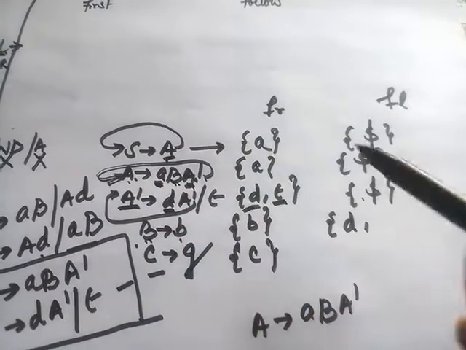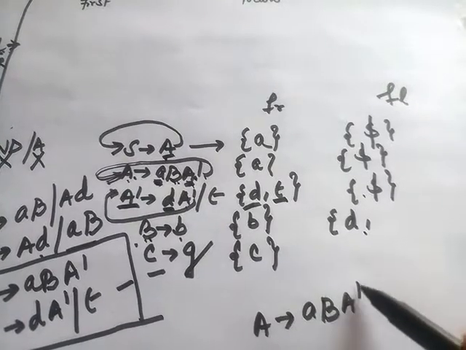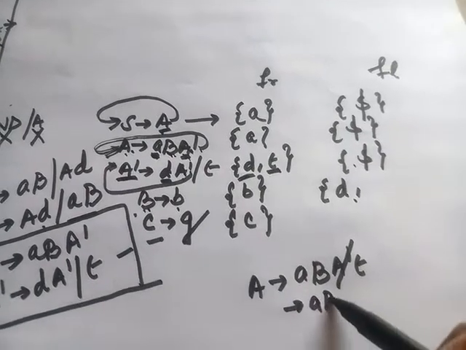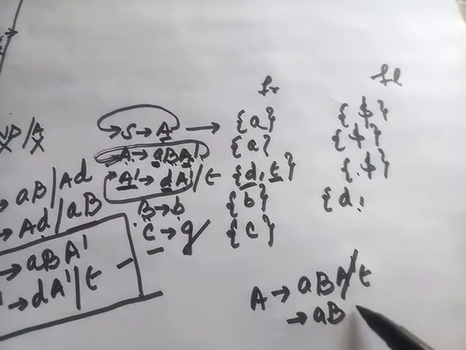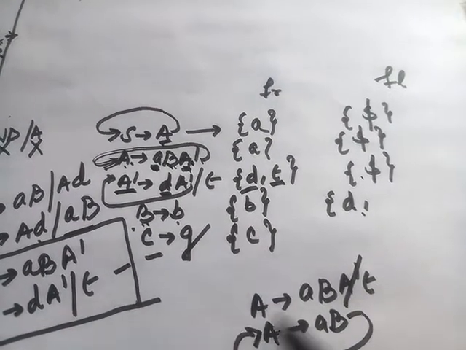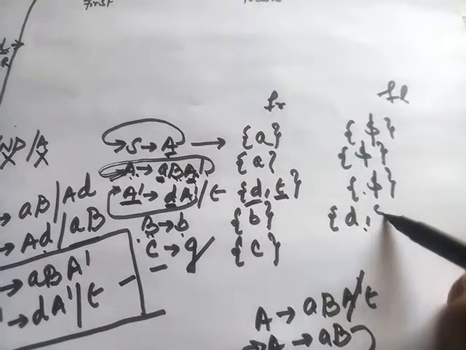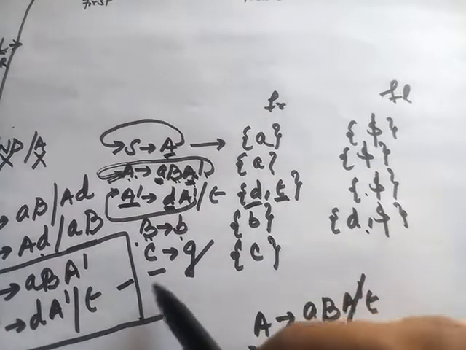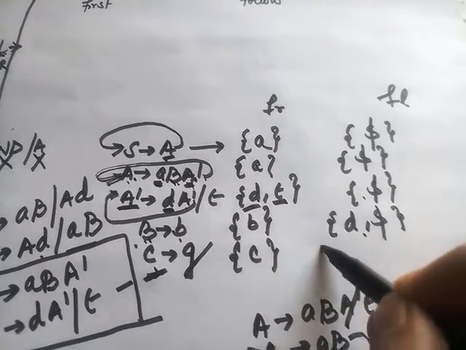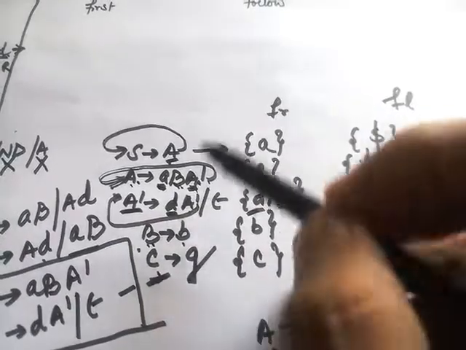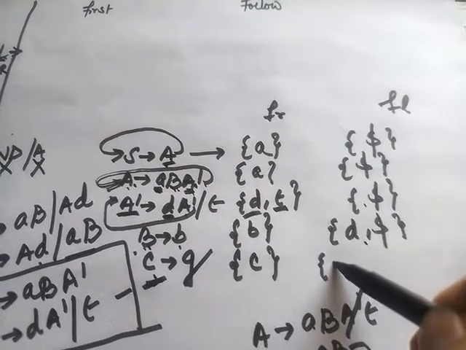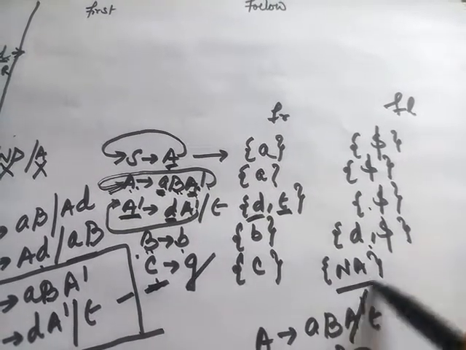First of A' is D, so D is over here and we substitute epsilon. Again, what is follow of B? Nothing after B, so follow of B is nothing but follow of A. And what is follow of A? That is dollar. And last one, the special case, C. What is follow of C? As you can see, on the right hand side there is no C, and it is not the first production. So we can say it is not applicable over here.